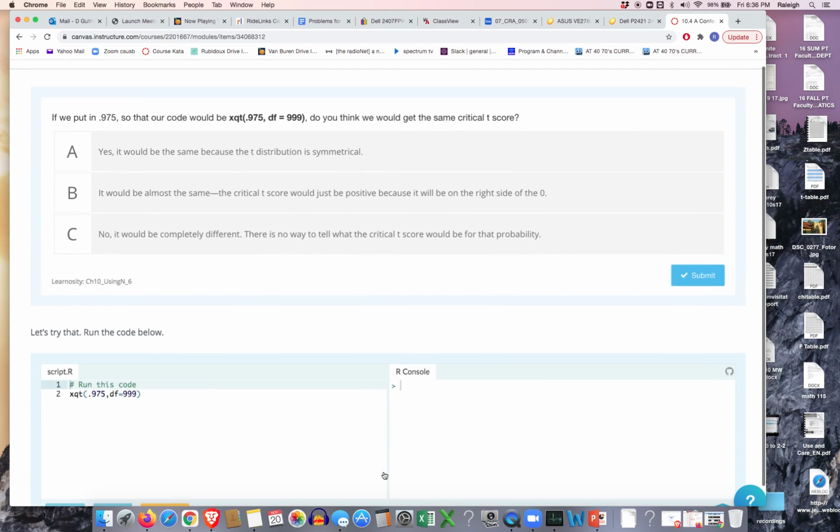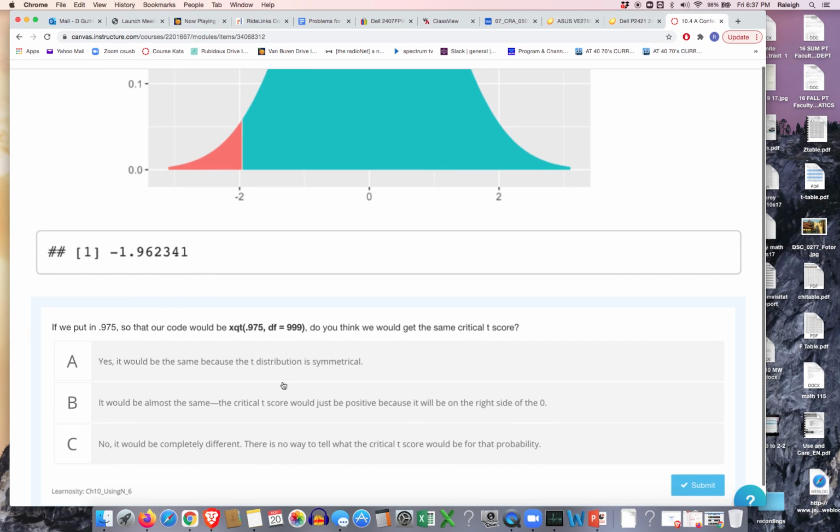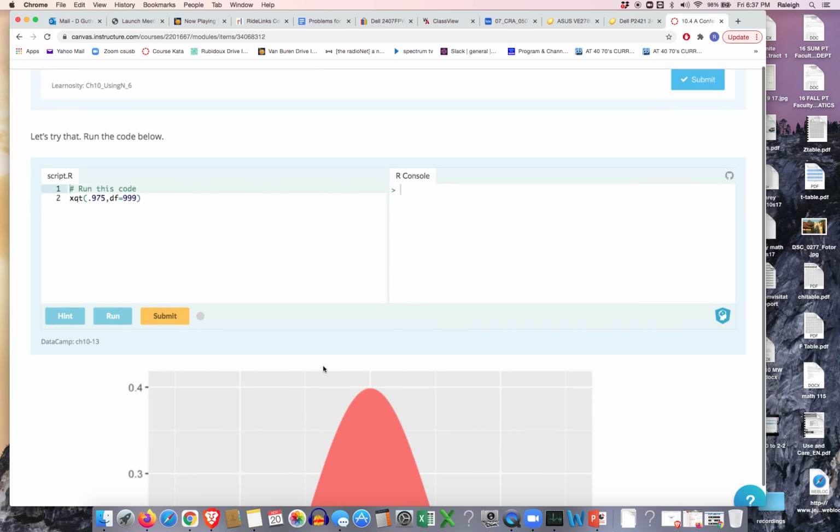So, yeah, I think they got that one wrong because I've written down, they put down A, but I believe it's B. It's almost the same. It'd just be positive because we got a minus 1.96 and it should be a positive 1.96. So I'm going to make a notation change there. And then they're saying for C, it would be completely different. No way to tell what it would be. Oh, that's completely ridiculous. I'm insulted.